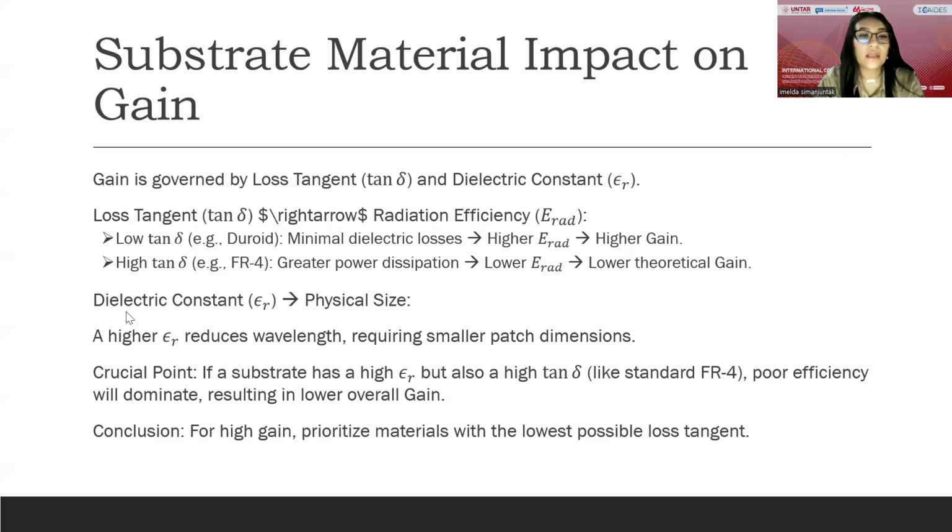In physics, a higher dielectric constant reduces the wavelength and requires a smaller patch dimension.